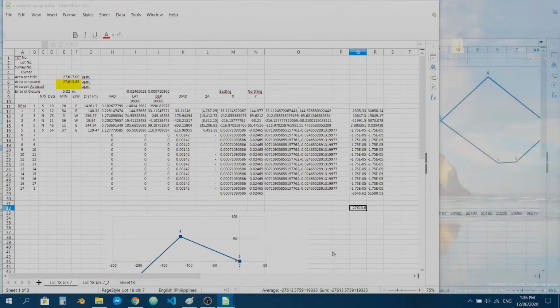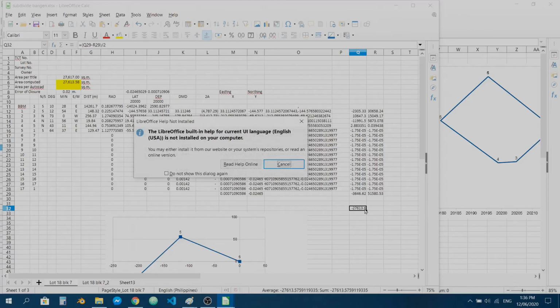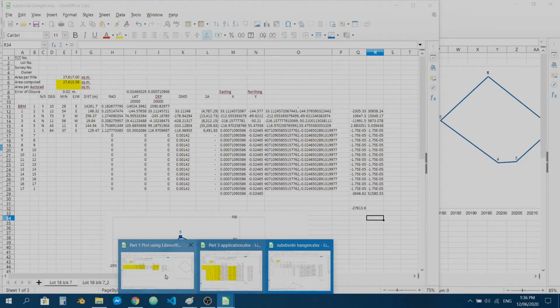For example, using that last method, we're able to compute for that. You can see that's the sum, and this one is that one.